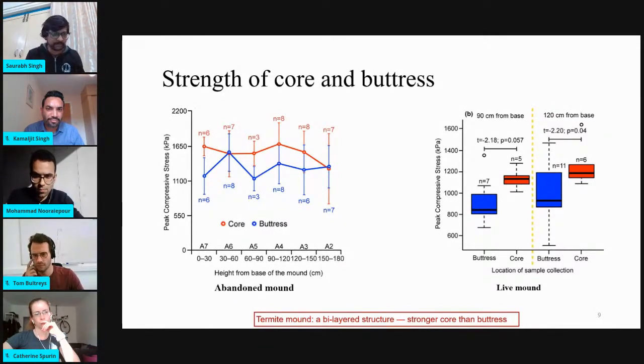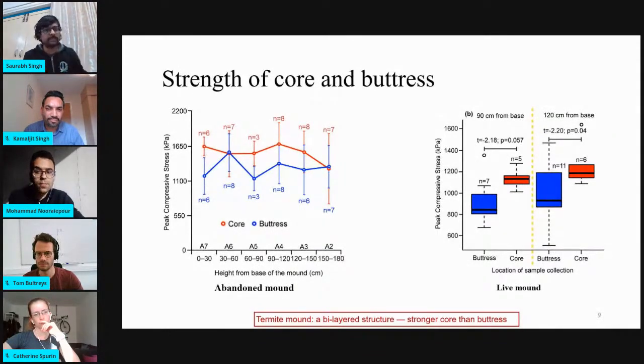The termites are not living in there. In the case of a live mound, time and again, if there was any breach, if there was rain, they rebuild the whole thing. So if there's any breach in the mound, they will rebuild it and the properties will change.